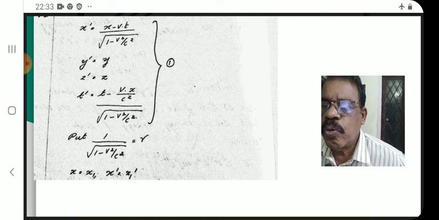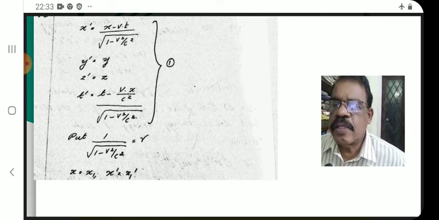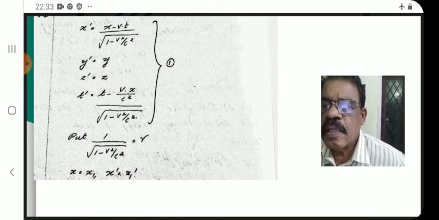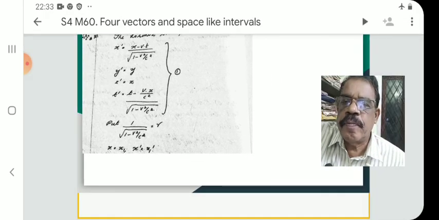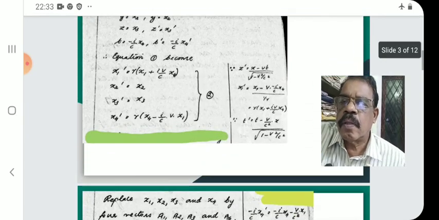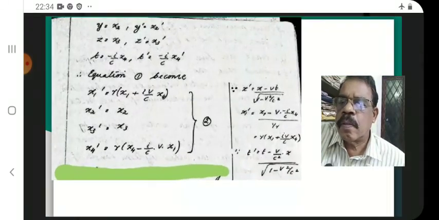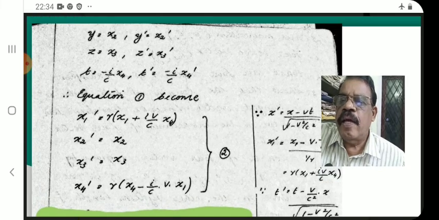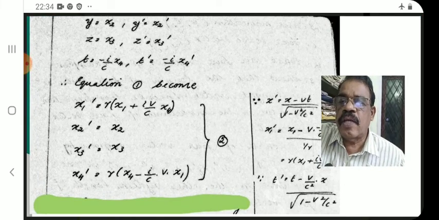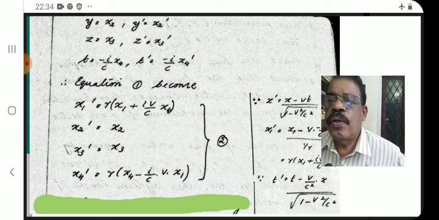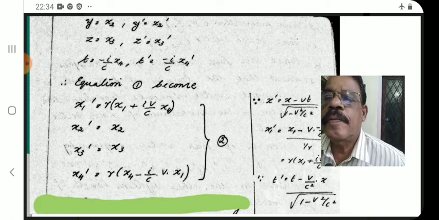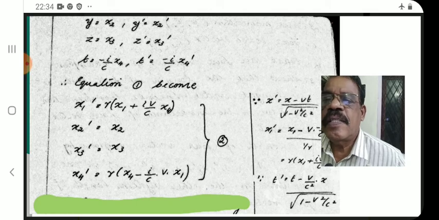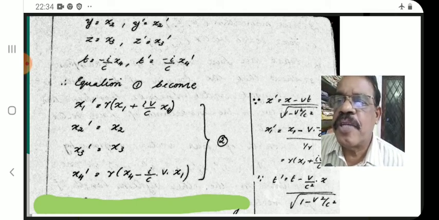Also we put x as x1, x dash as x1 dash, y as x2 and y dash as x2 dash, z as x3 and z dash as x3 dash.